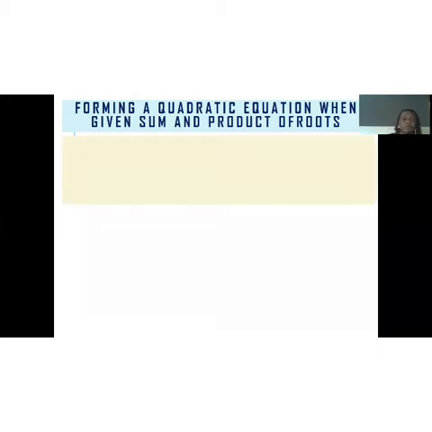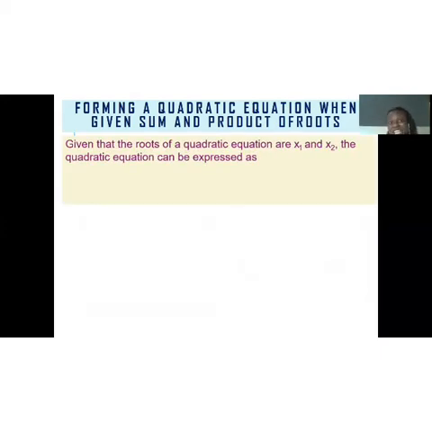Given that the roots of a quadratic equation are x1 and x2, the quadratic equation can be expressed as x squared minus (x1 plus x2) x plus x1 times x2, where the dot stands for times, which is the product.